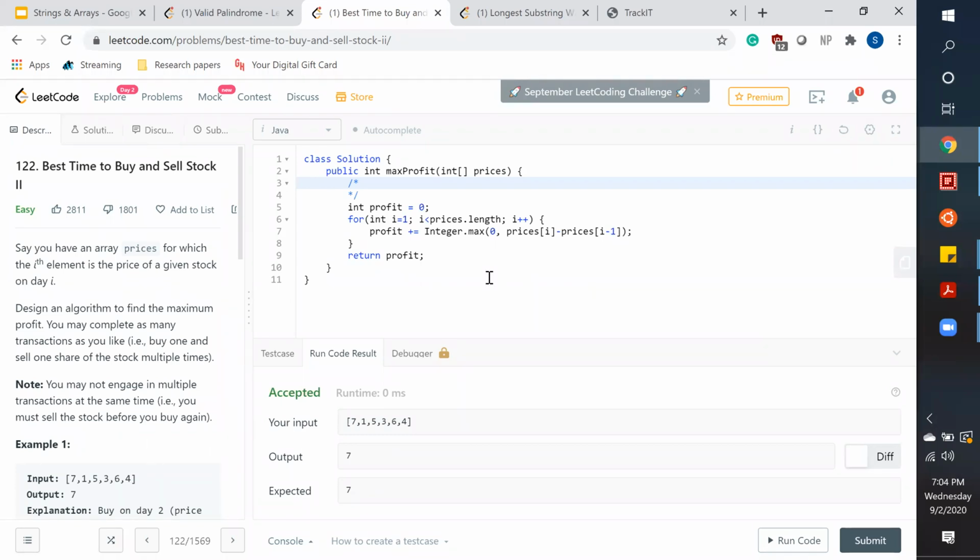But yeah, does anyone have any questions about this problem? Yeah, I know, right? It's definitely not expected that the code is simple. What does integer.max do? So integer.max just returns the max between two different values.